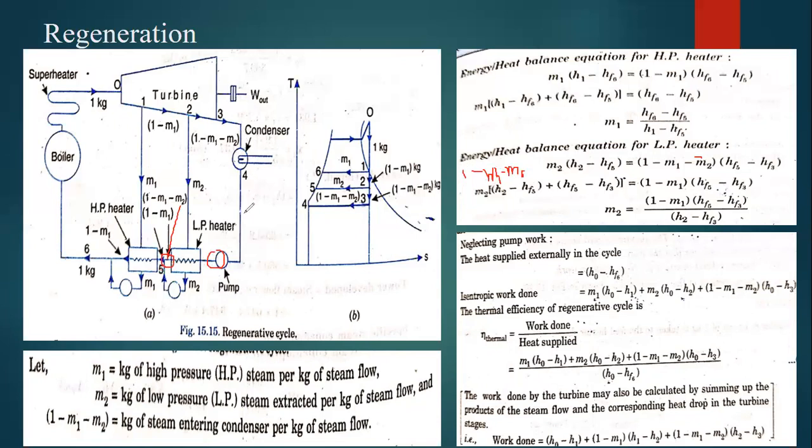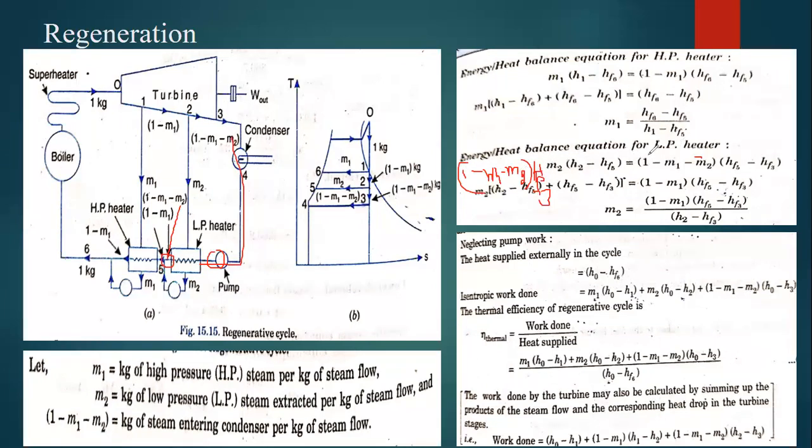From here we are going to get this 1 minus M1 minus M2 kg of steam as input for this low pressure heater, with enthalpy HF3. Whatever liquid we have here, the same we are going to have here, right?